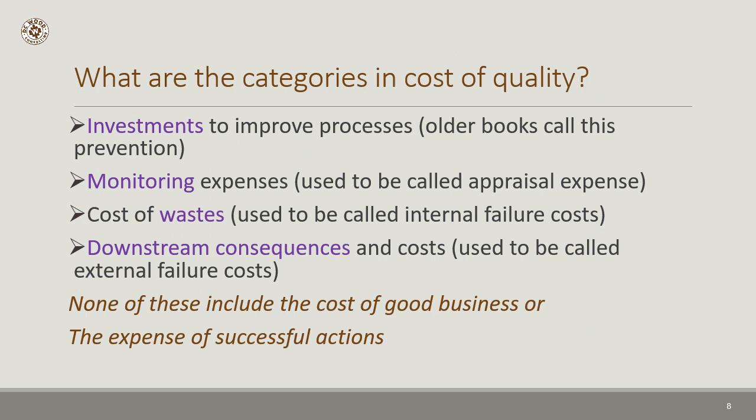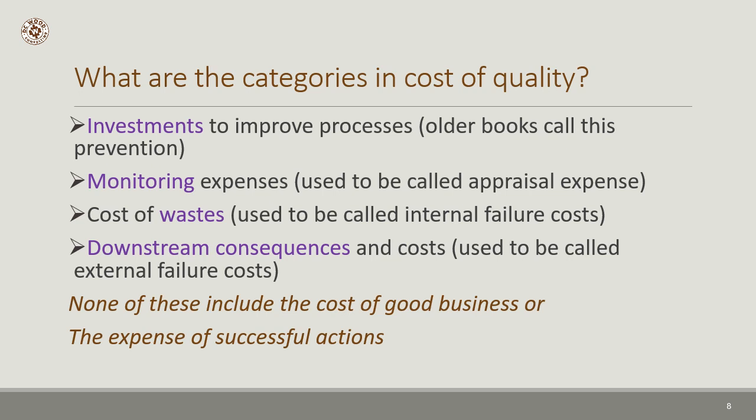To begin with, we need to understand what are the categories that fall into cost of quality. There's investments to improve processes. In older textbooks, they call this prevention, but investments is a language that resounds in today's world. There's also going to be monitoring expenses, and they used to call this appraisal expense, but this is money you spend to tell what's going on. Then there's the cost of waste.